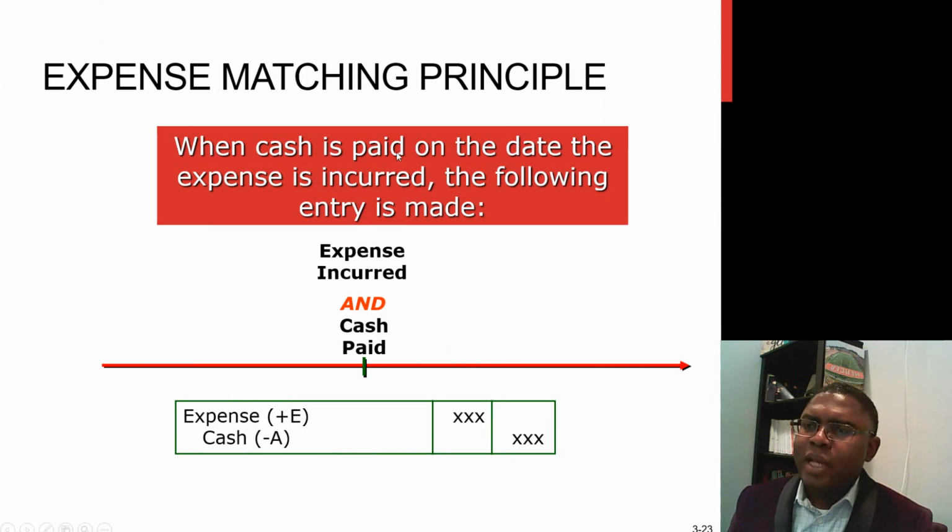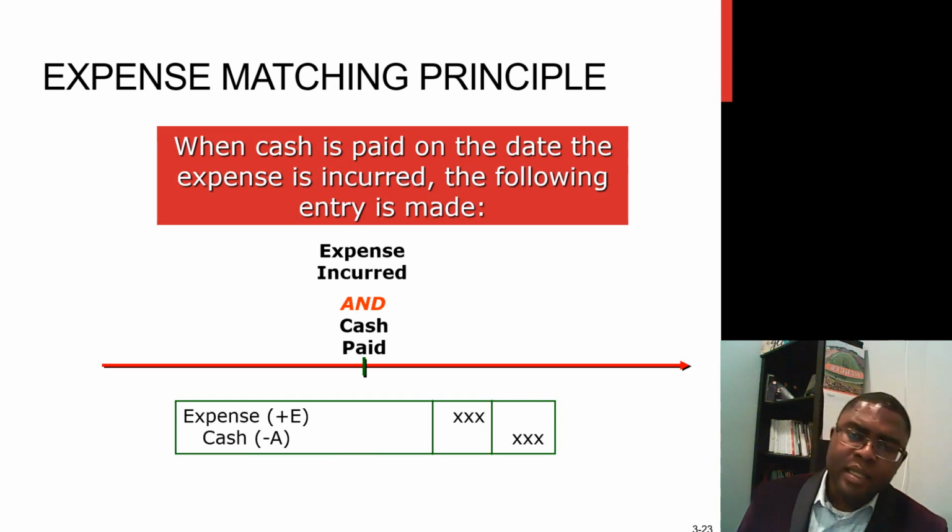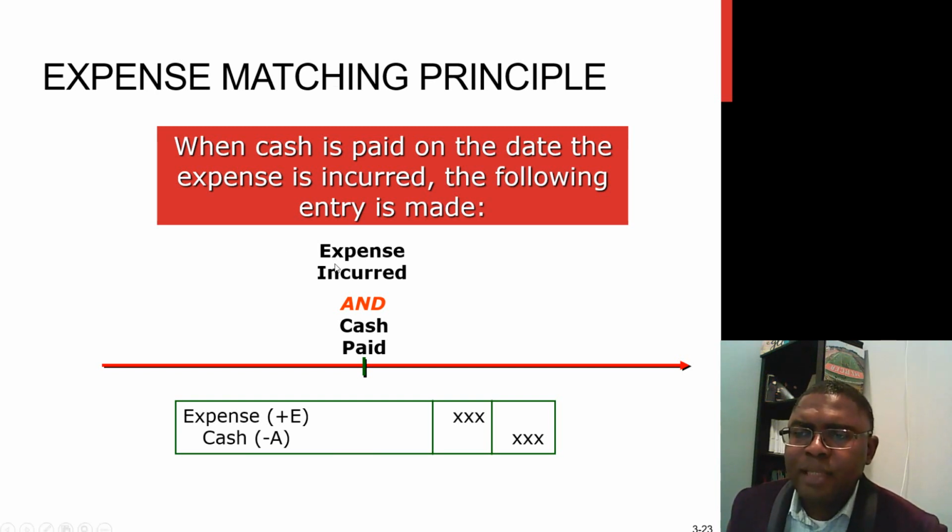Another example is when cash is paid on the day the expense is incurred. If cash is paid on the day the expense is incurred, it implies that we are going to recognize expense because an expense is incurred, and we are also going to recognize cash paid. So expense and cash will be the two accounts affected.